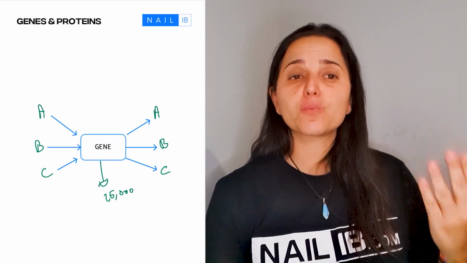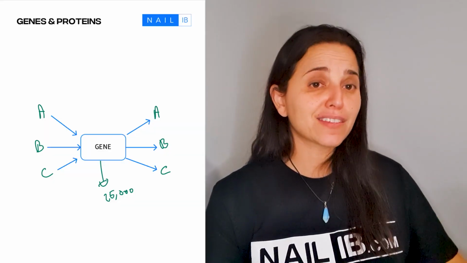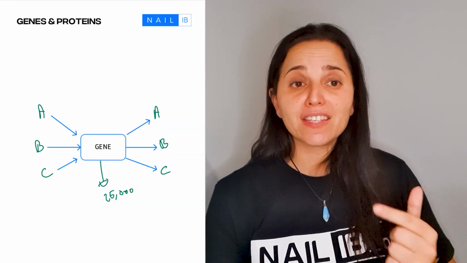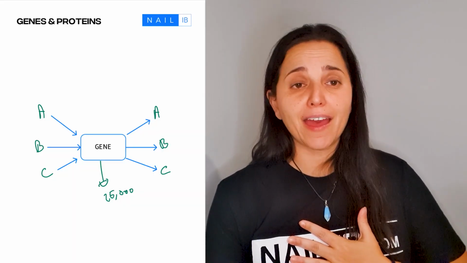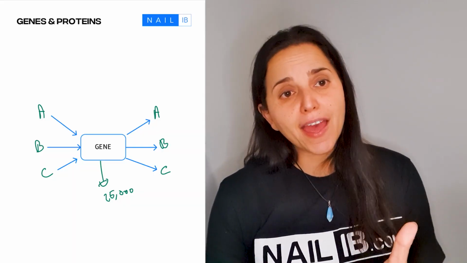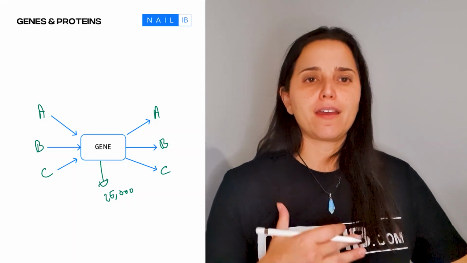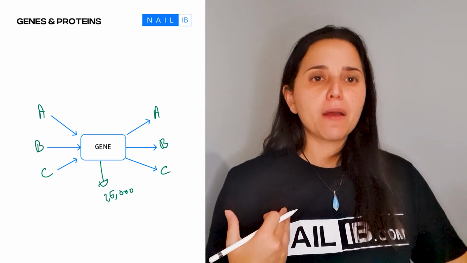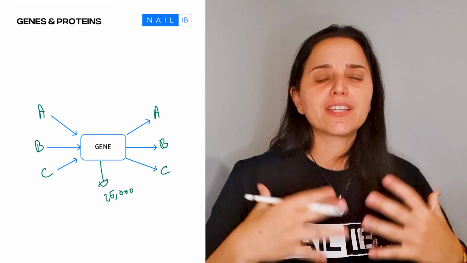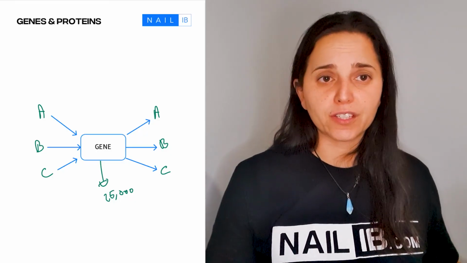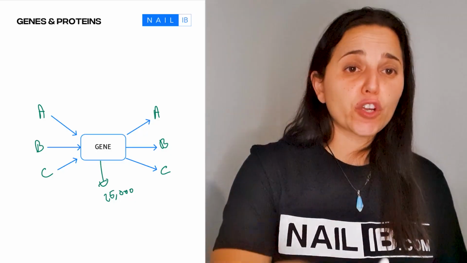But if you are thinking or eating the same thing as another person, then you're going to get the same kind of expression from that gene. So if both of us are in environment A, we're both going to make that gene express A. If you are in environment A and I'm in environment B, I'm going to express B, you're going to express A. But that's from the same gene. So the genes can express so many different types of proteins depending on what is triggering them to turn off or turn on.